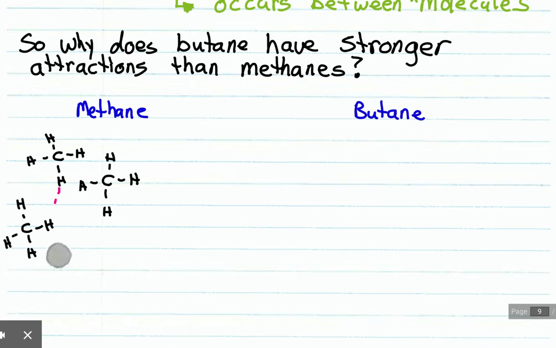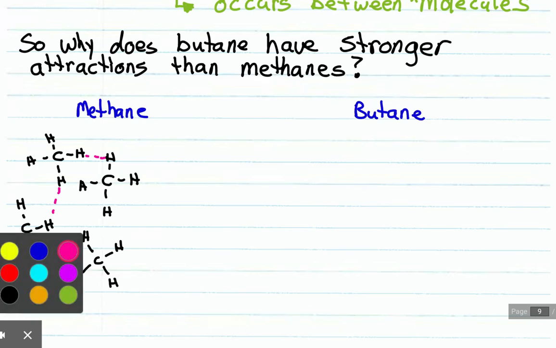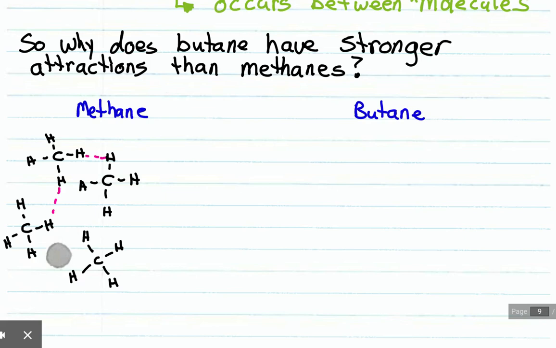So there's probably an attraction here and maybe an attraction here. And I think I'll draw one more methane. Okay. So there might be an attraction here and an attraction here.